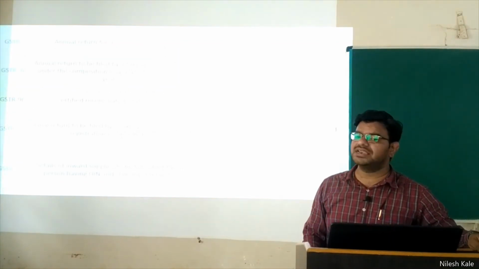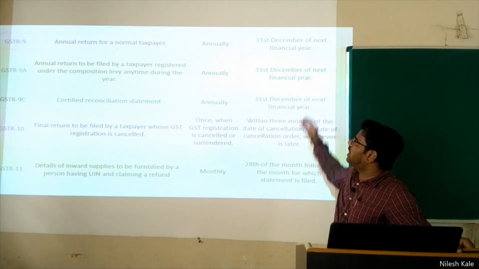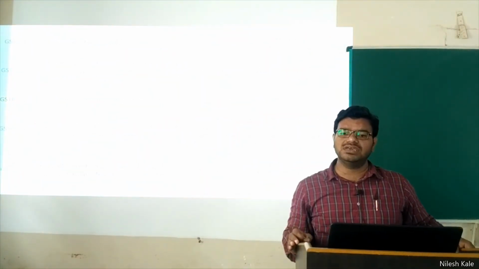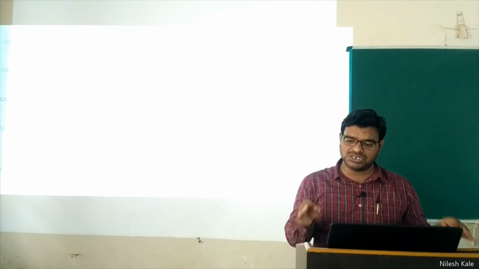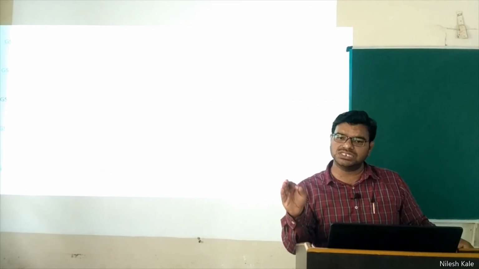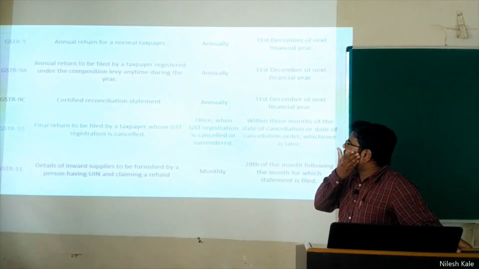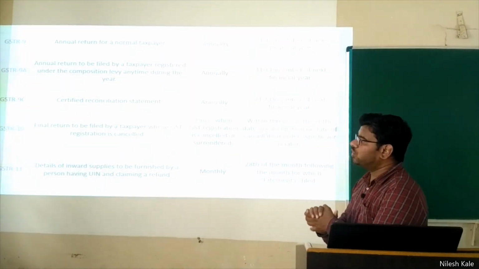And then GSTR9 is annual return. For a normal taxpayer, which should be filed annually, and 31st December will be the last date. Let me tell you friends, for GST, the financial year we do not follow. For GST purpose, we are following January to December as the year for tax period, right? GSTR 9A, what is this?